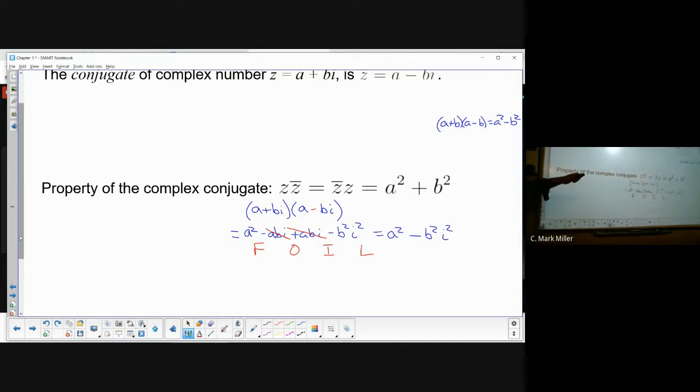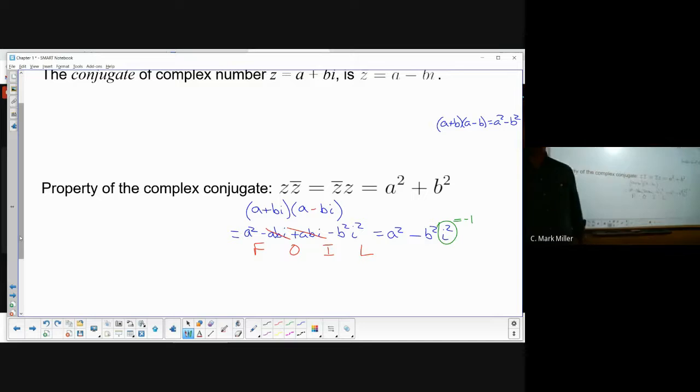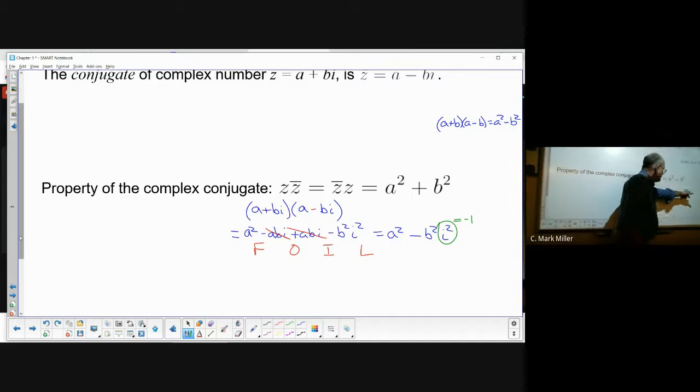Now, when we're doing this, by the way, we see how we multiply. You multiply with FOIL, just the same way as you did before. i squared, this guy is minus 1. We got that, see? So that minus 1 will flip this sign.